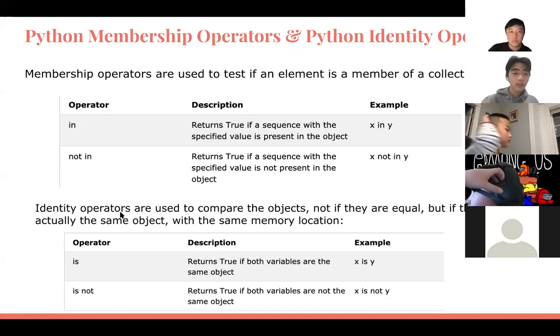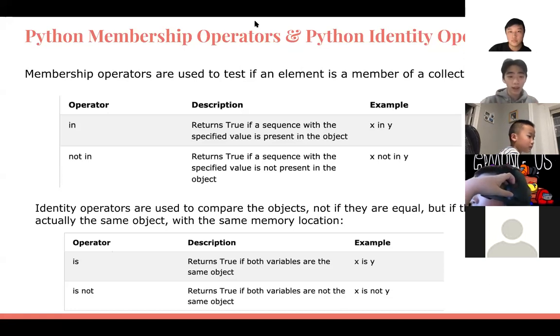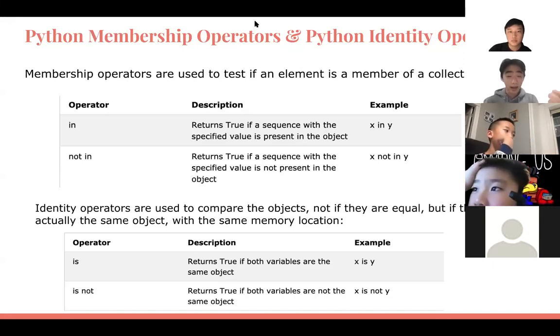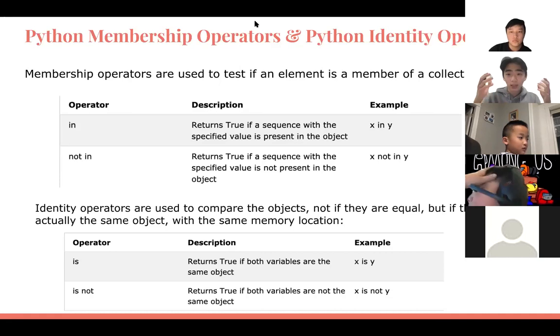This is, I guess, a little confusing. It's also used to compare two values, but not to check if they're equal, but if they're the same, for example, in data type. If I have a float, 5.00, and an integer, 5, they're both the number 5, but they're actually different data types.